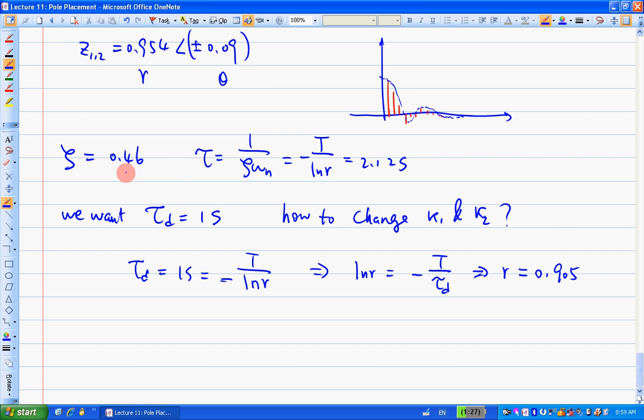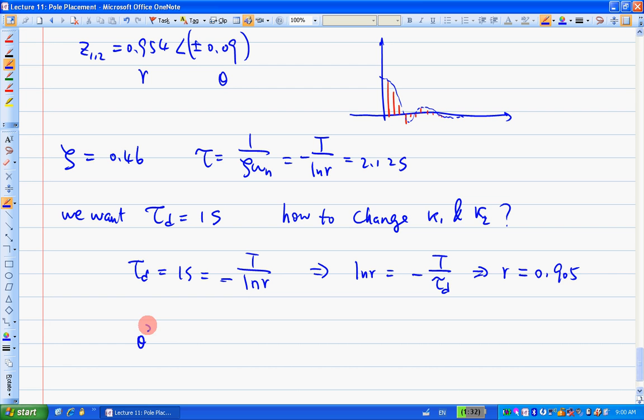What's the effect of zeta in a continuous system? The smaller the zeta, the more oscillations, right? This is damping. So sometimes you may want 0.6 or 0.7 to have less oscillation. But for this one, we'll just keep it.